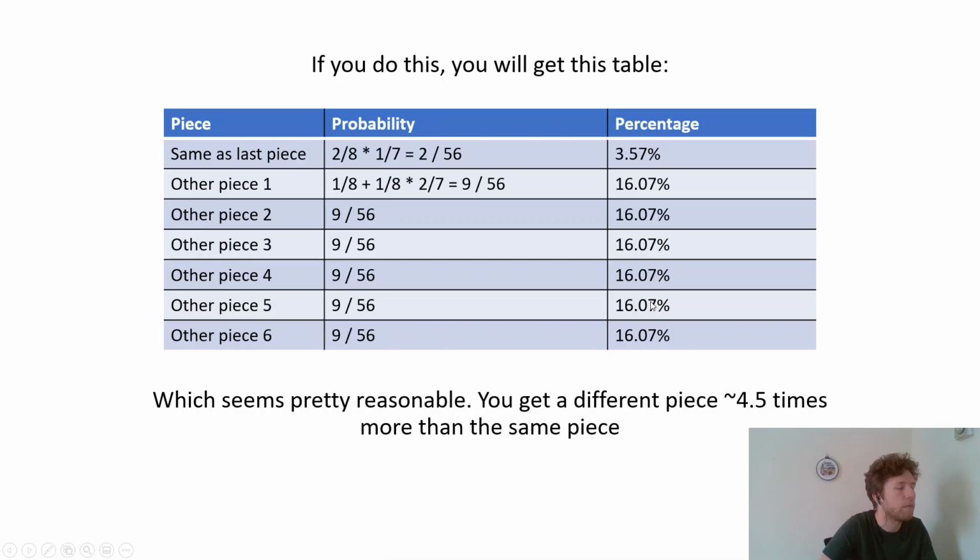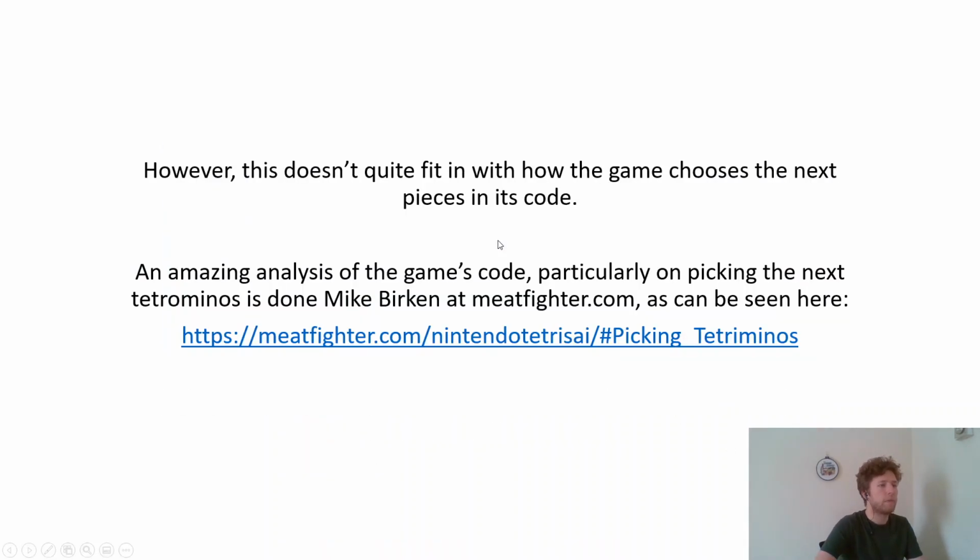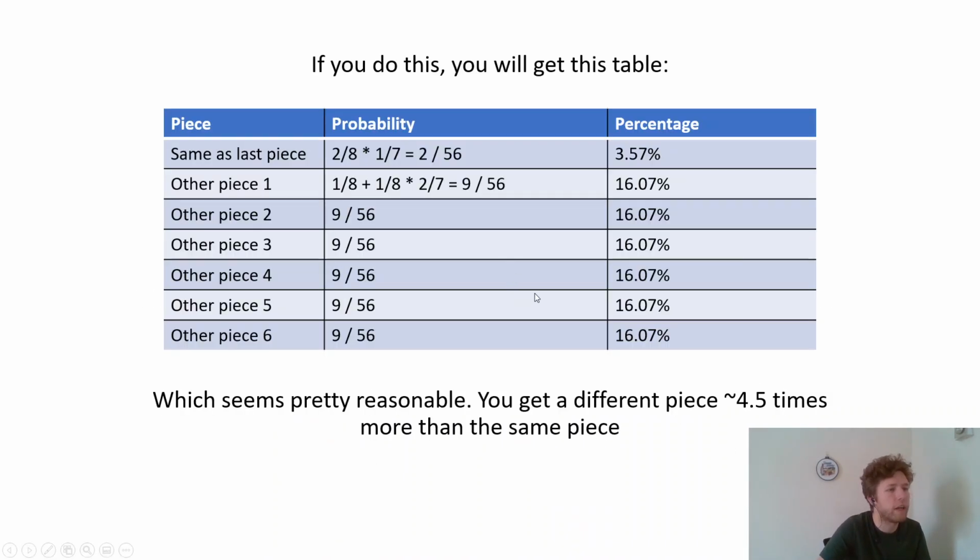And hopefully, if we add all of these up, you've got 16.07 six times, plus 3.57. Yep. So this is what you would get if everything worked perfectly, and this is what most people tend to think of. You have this bias against the piece you just had, and all the other pieces have equal chance. So you get a different piece around 4.5 times more than you get the same piece.